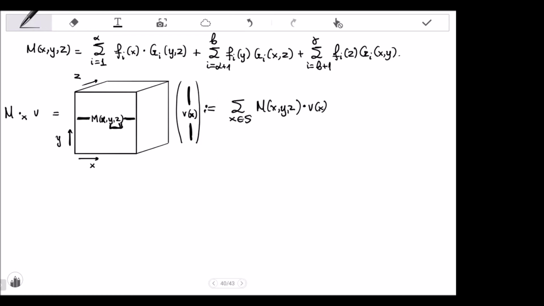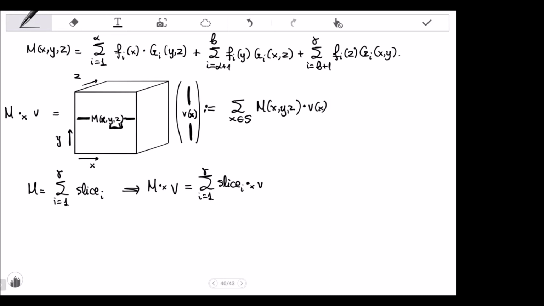So that's the definition, and of course, m, as we said, is the sum of all these slices I have up here, i from 1 to gamma. So when I apply it to v, it means I am applying every slice to v. These are three-dimensional slices, and I'm applying every one to v.